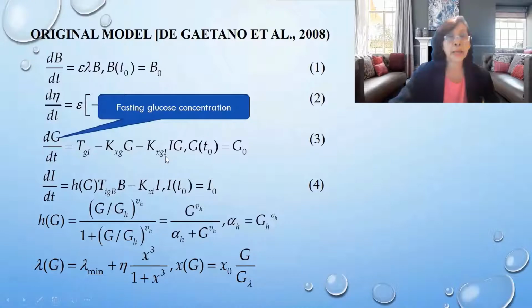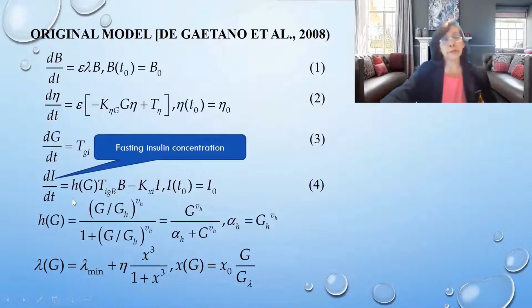K sub XGI times I times G here is the second order insulin dependent glucose tissue uptake rate. The fourth equation is the rate of change of fasting insulin concentration I. The first term is the rate of insulin release from the beta cells, and the last term is the apparent first order elimination rate.